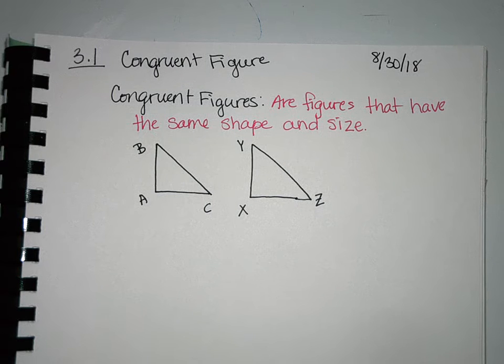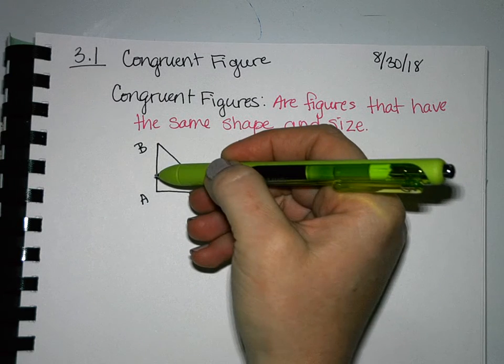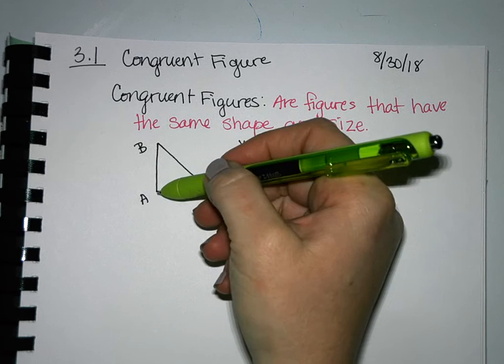Okay, so if we think about what it means to be the same shape and size, this side right here, what do we call that side? Remember how we talk about sides?